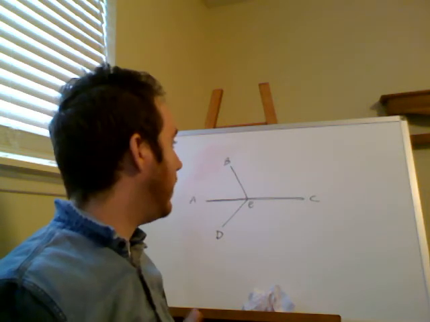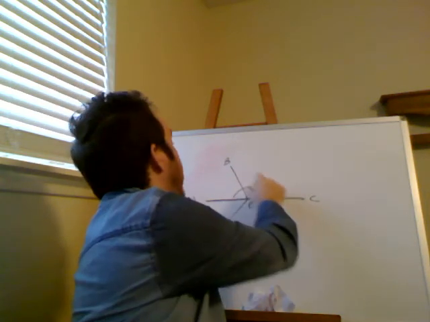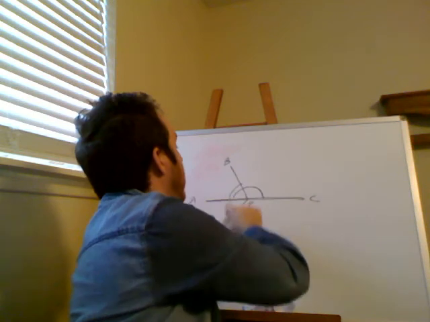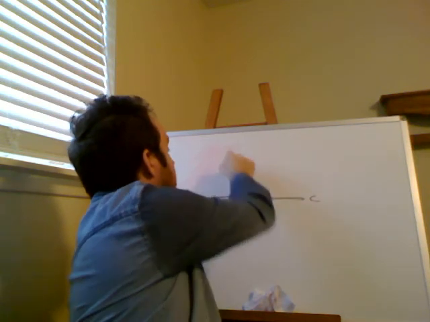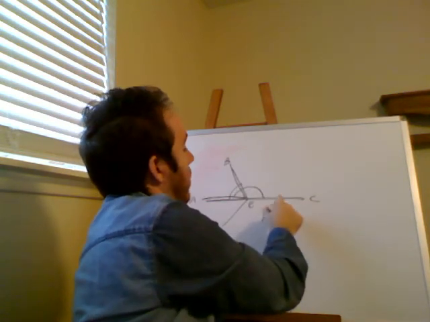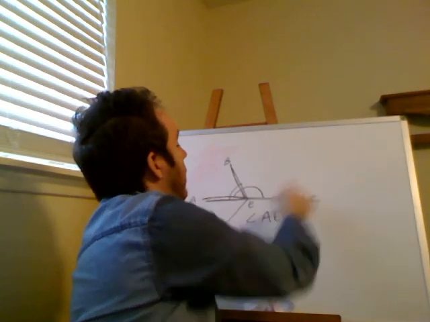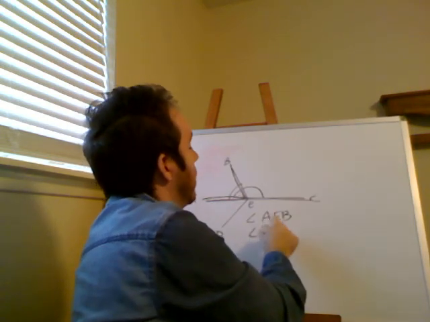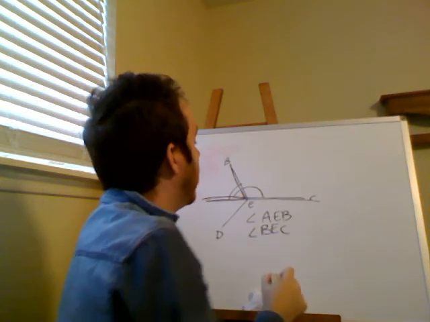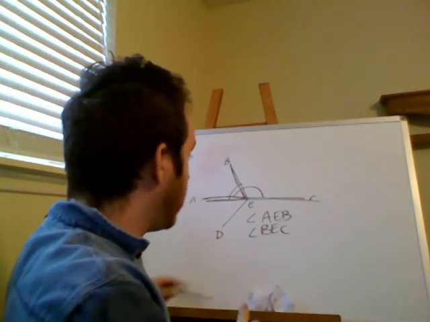But if we can break it into two smaller portions, we see we'd have AEB and BEC. Okay? Alternatively, it would also be valid.